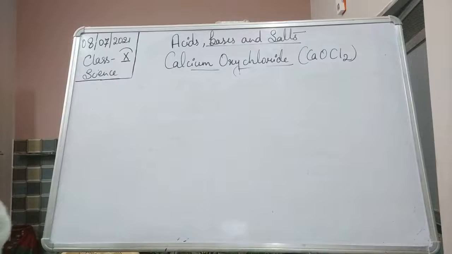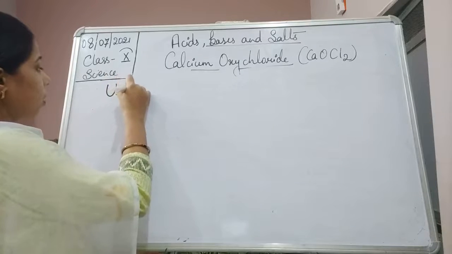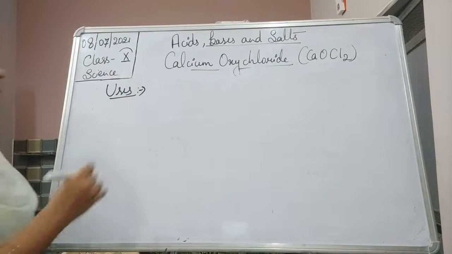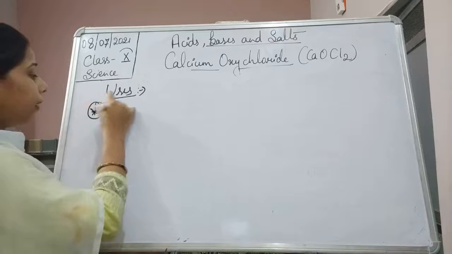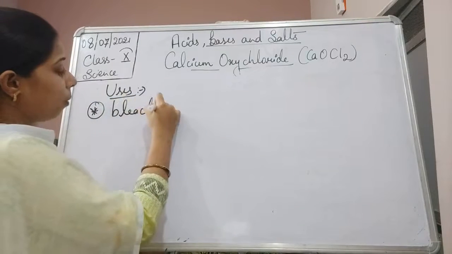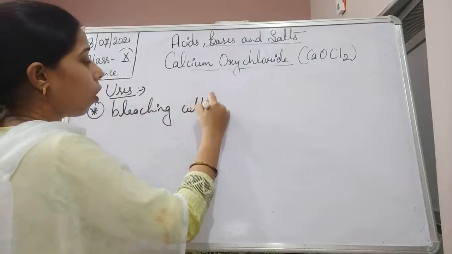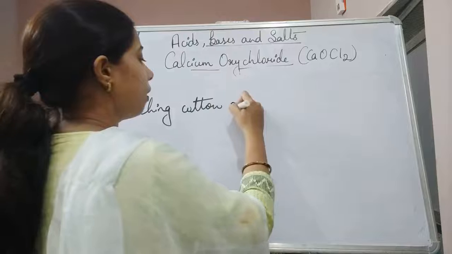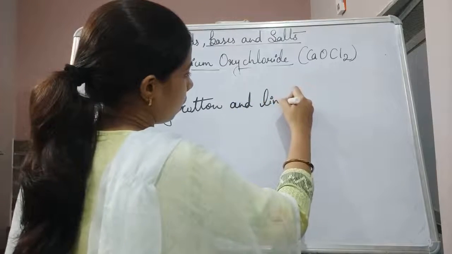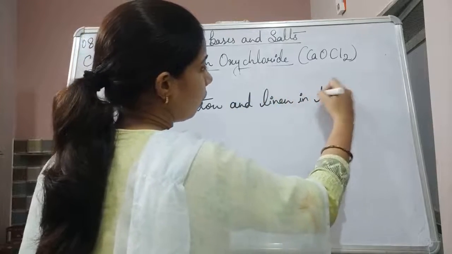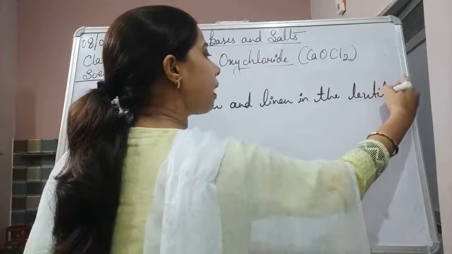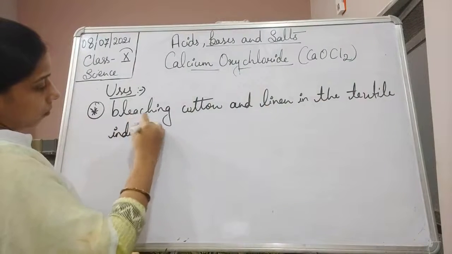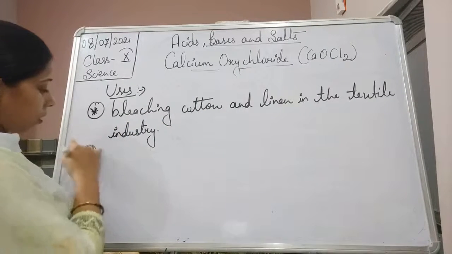So, uses of calcium oxychloride. What is the first use? Basically, it is used for bleaching cotton and linen in the textile industry.